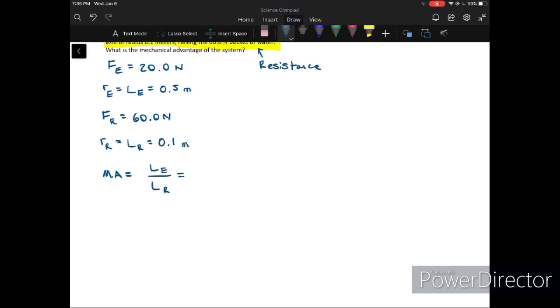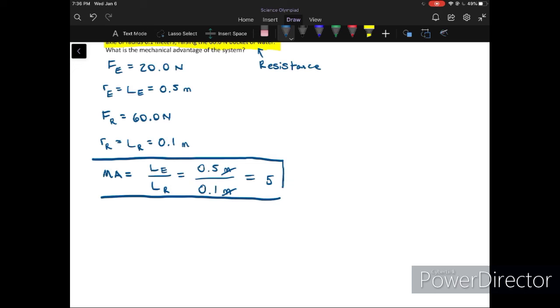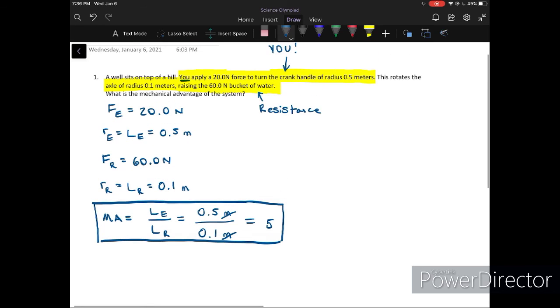Seeing that we have both of these calculated above, we're going to go ahead and plug these both in. Canceling out our meters and doing some basic division, we come to the conclusion that our mechanical advantage for this system is equal to 5. Which certainly makes it more appealing to use the wheel and axle than just trying to lift the bucket up by the rope.